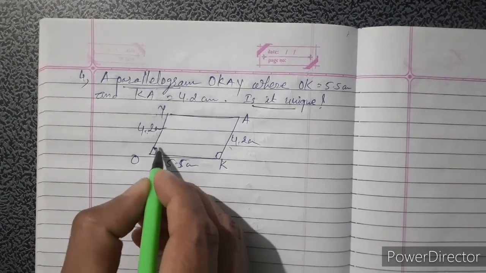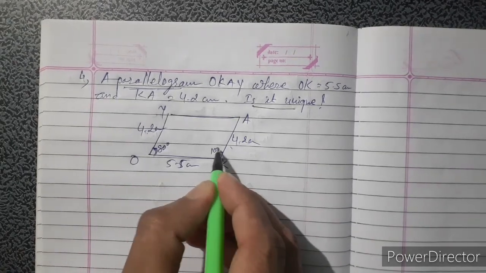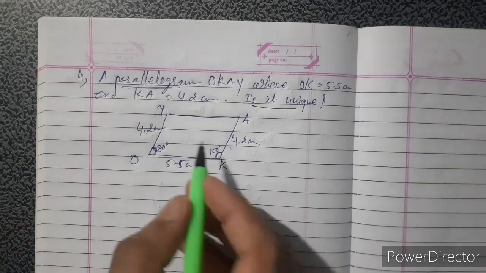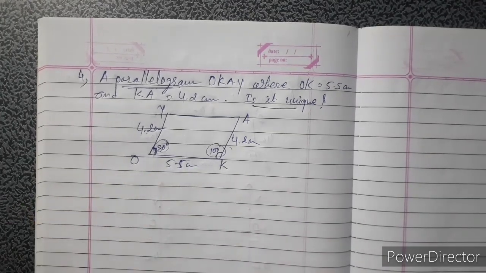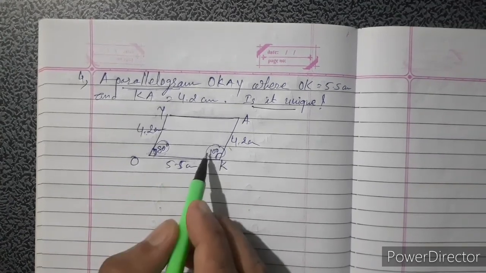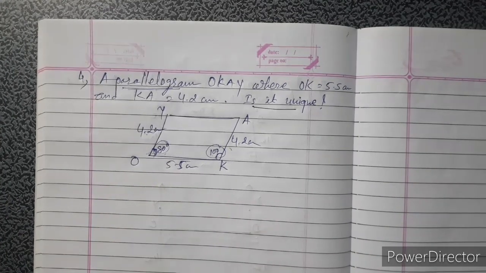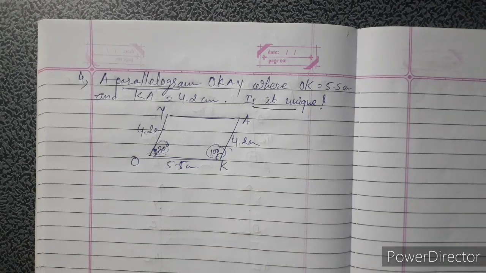Suppose we take O equal to 80, then K equals 100 degrees. Just take any measurements, but the total is 180. Here we take 80 and 100, then we construct the parallelogram.